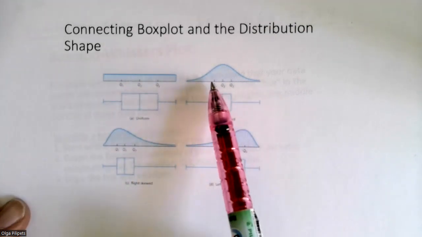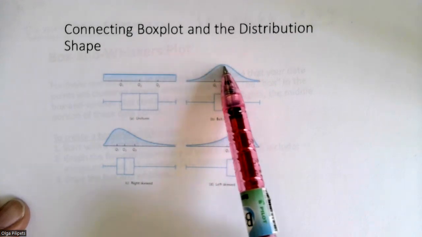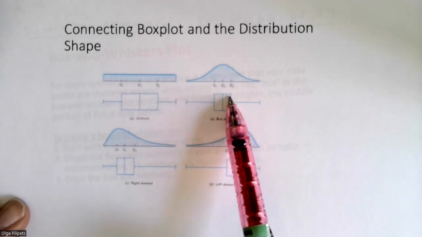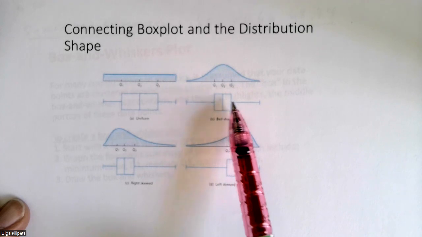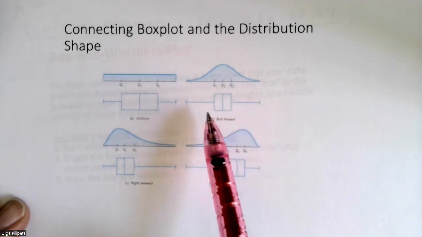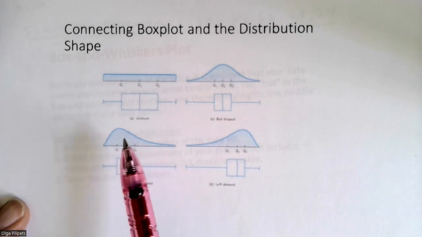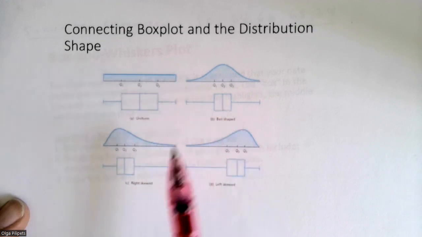Okay, now when we have a distribution where the majority of the data lies in the middle, then the middle portion of the box is going to be narrow and the whiskers are going to be long, but it is still symmetric.